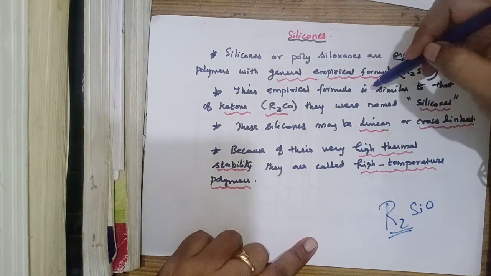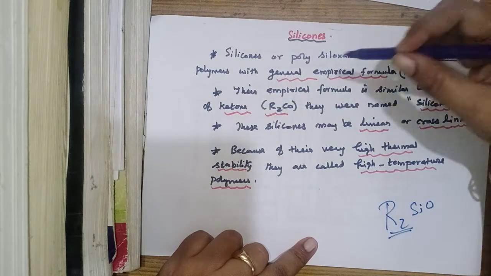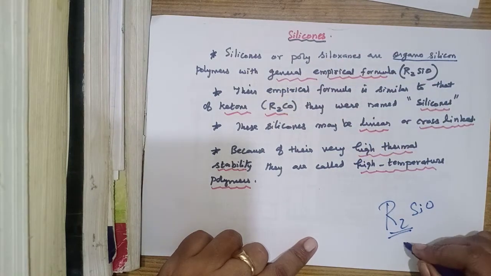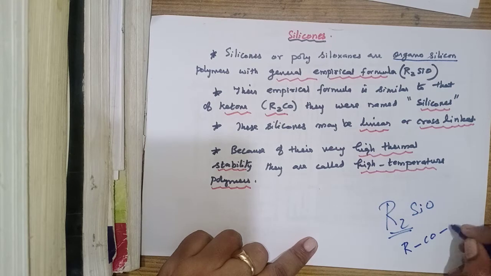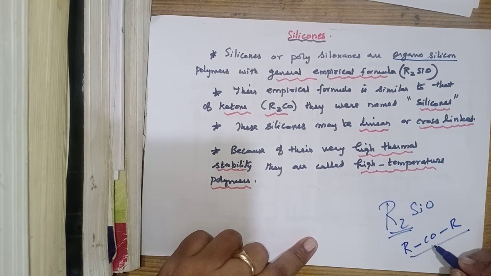The empirical formula is similar to that of a ketone. What is the formula of a ketone? RCOR, the general form, so alkyl is 2, R2CO.